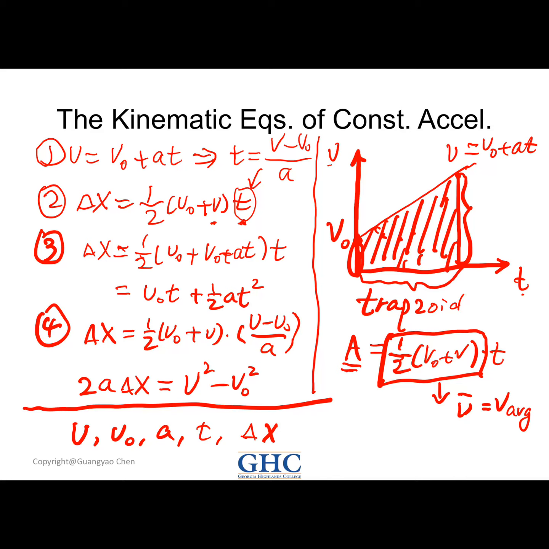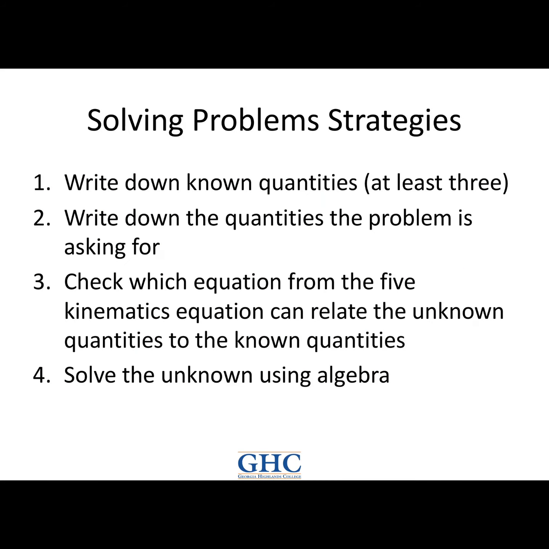If you check again, equations 1, 2, 3, 4 each contain only 4 variables. So if you know 3 variables out of these 5, you are able to solve for the unknown quantity, and this is how we are going to use those equations.